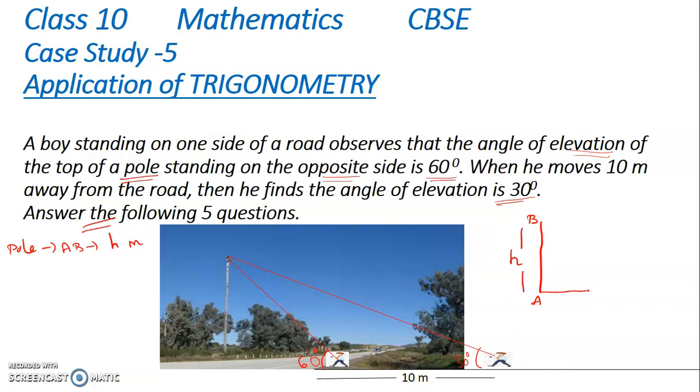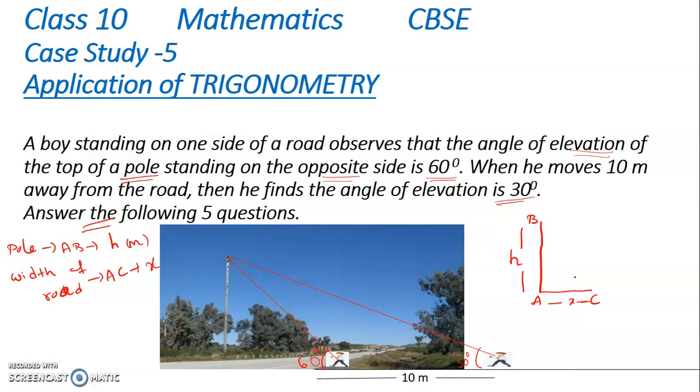After that, AC is the width of the road. We also don't know the width of the road, so name it X meters.